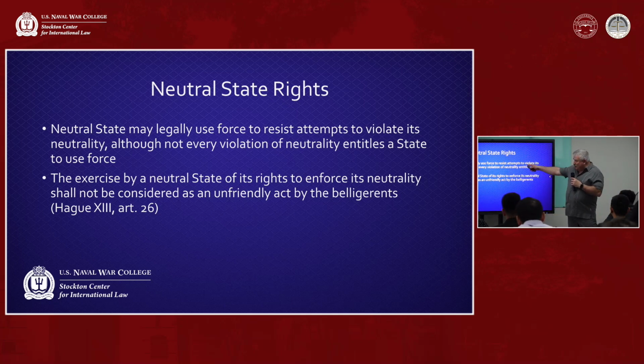There may be a situation where the neutral state could actually use force to require that belligerent warship to leave its waters because it's violating the neutrality of that state. And if they do use force to enforce their neutrality, that's not considered an act that would make them a party to the armed conflict.